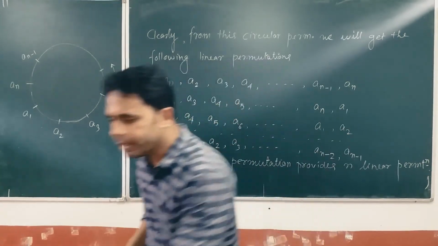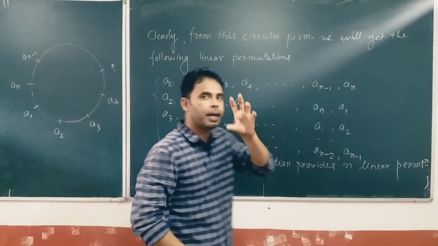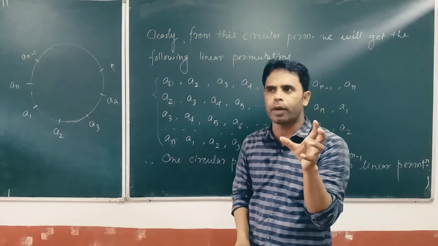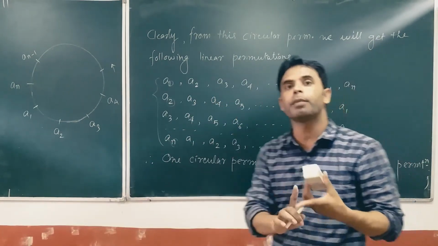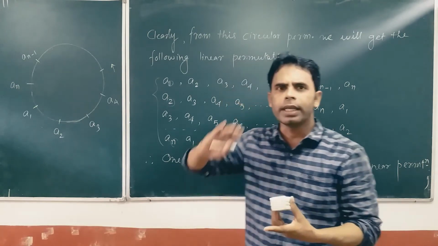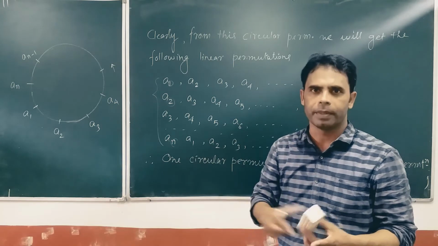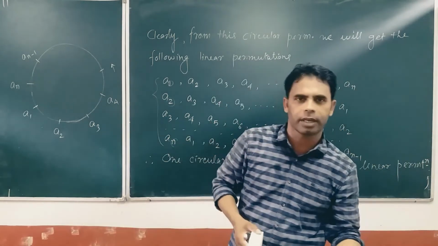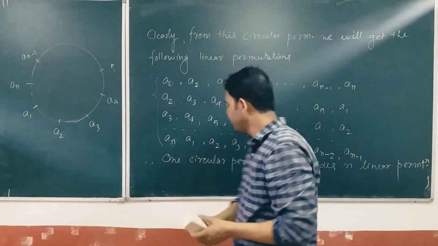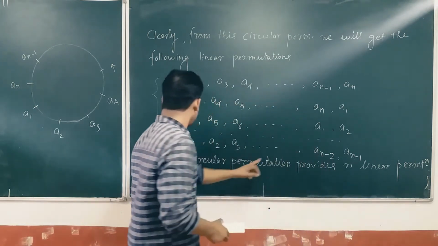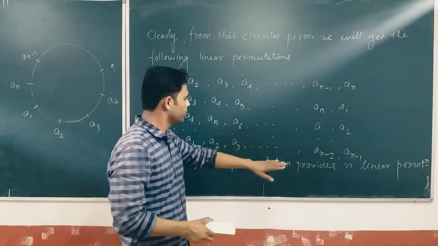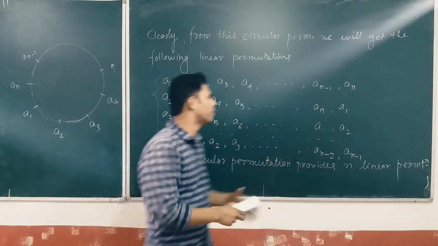কথা কিনে বুঝি পাইছা না কি কইছি মই যে এটা মাত্র এটা সার্কুলার পারমুটেশনের পর আমি nটা লিনিয়ার পারমুটেশনস পাইছো। আমার তো টোটাল সার্কুলার পারমুটেশনস কিমান আছে x, সো x টার পর হবে x ইনটু n. আমি হেতু কথা লিখি, so therefore one circular permutation will provide n linear permutations.